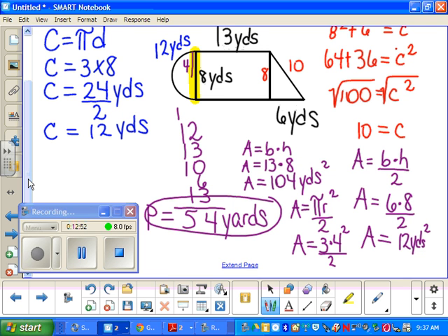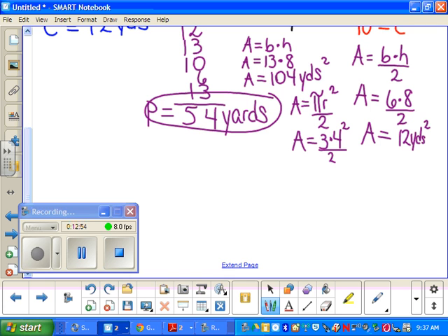So 4 squared is 16. So I have to do 16 times 3 divided by 2. And 16 times 3 is 48 divided by 2, which is 24 yards squared, would be half of the circle.